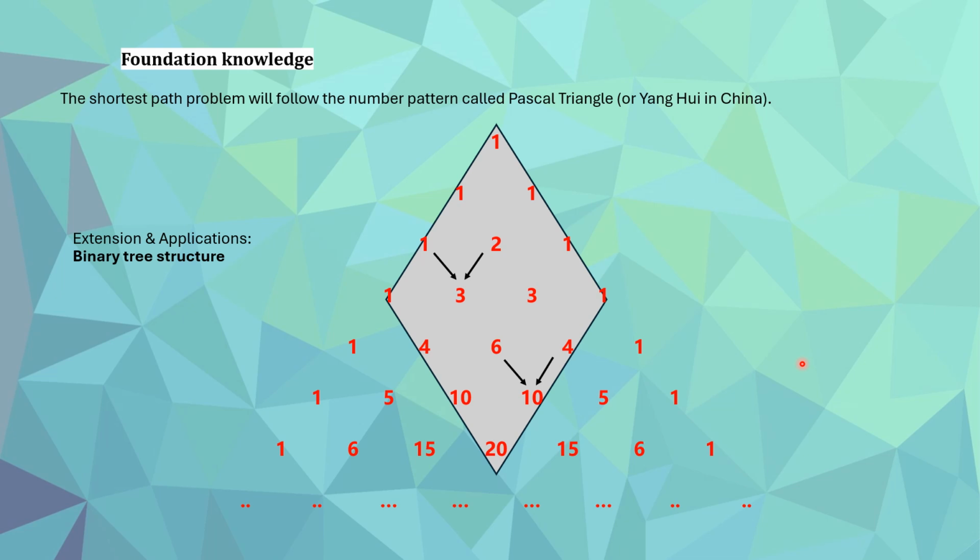You also learn some digital technologies, and in a digital system, like a computer, we use binary, and in our math mostly we use decimal, right? But the binary tree is used frequently in the computer science area.